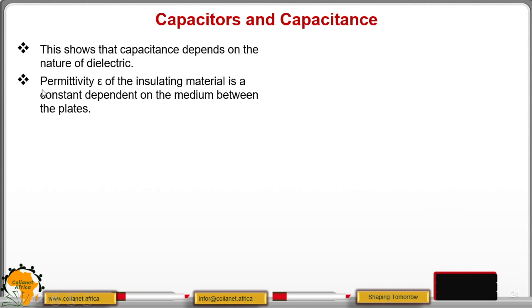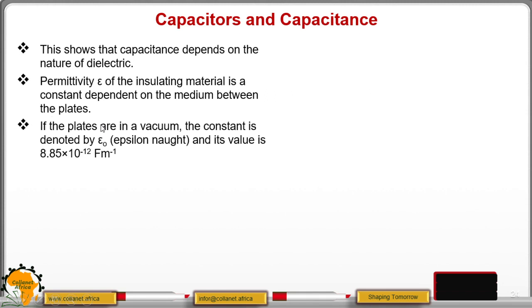So it means that we have a constant that we call permittivity, having the letter epsilon, of the insulating material. This permittivity depends on the material media being used between the plates. So if the plates are in a vacuum, this constant is denoted by epsilon naught, and its value is 8.85 times 10 to the power negative 12 farads per meter.